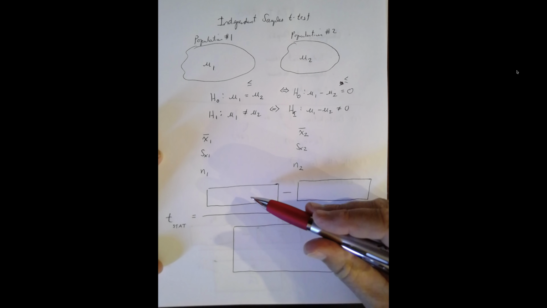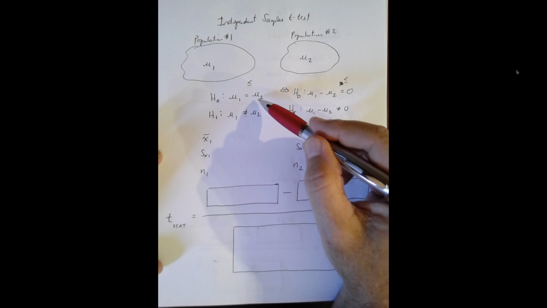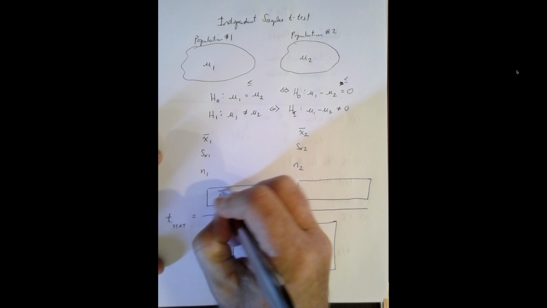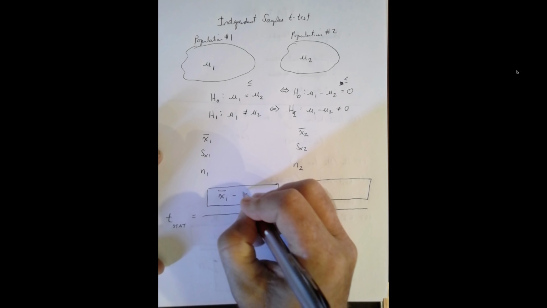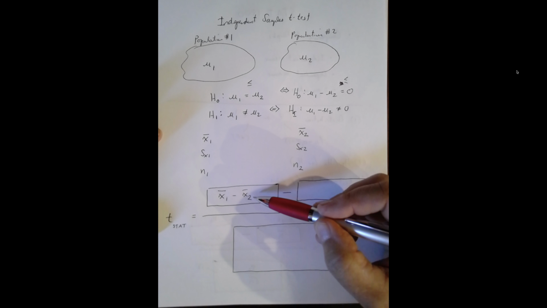Now, since we're evaluating whether or not mu1 is equal to mu2, specifically whether mu1 minus mu2 is equal to 0, it should make sense to you that the sample statistic is the difference in the 2 sample means. It should make sense to you that we look at the difference in our sample to estimate the difference in the population.